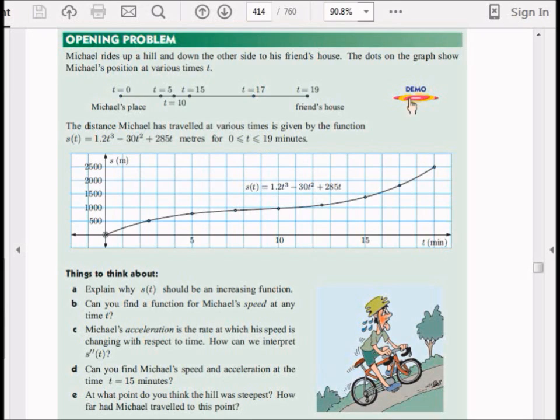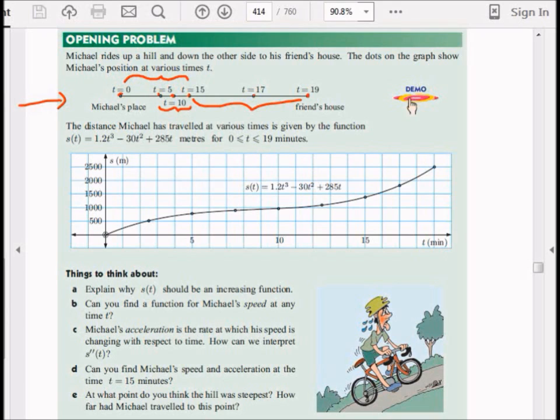So we can see the dots on this line graph right here that show us how far in a picture he is after 0 seconds, after 5 seconds, after 10 seconds, after 15 seconds, after 17 seconds, and after 19 seconds. So you can see in this portion of the trip, that's the downhill part, he's going a lot faster. This portion of the trip, he's going quite a bit slower, and in particular, slower from here.